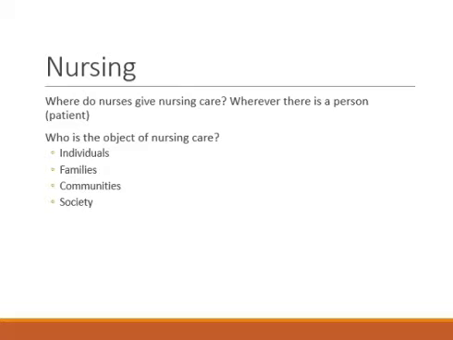So we think about it and we're like, who's the object of nursing care? Nursing care is all encompassing. So it can be individuals, it can be families, it can be communities, society as a whole. Nursing care isn't specific just to one person, population, group. It's everybody, and sometimes that looks a little different.